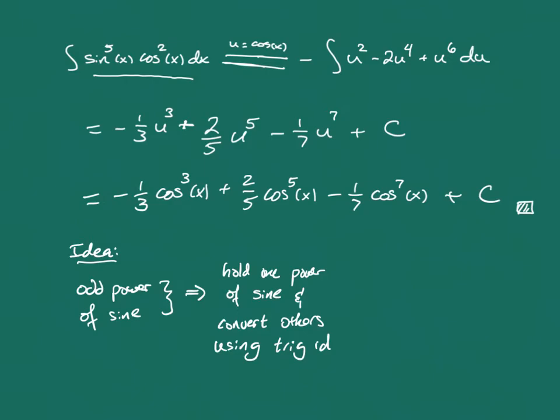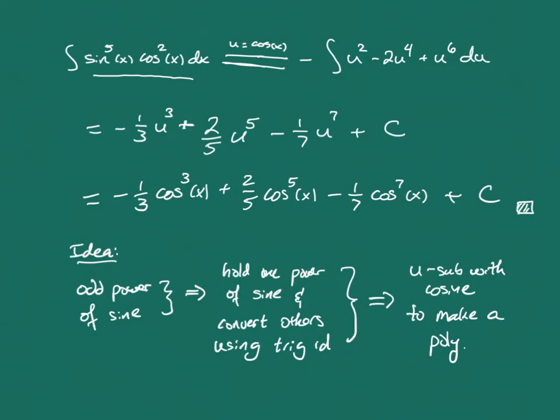And so once we did that, so we can hold out 1 power of sine, convert the others to cosine using our trig identity, and that set us up for a u substitution with cosine to make a polynomial. And that was the key that really made it work.